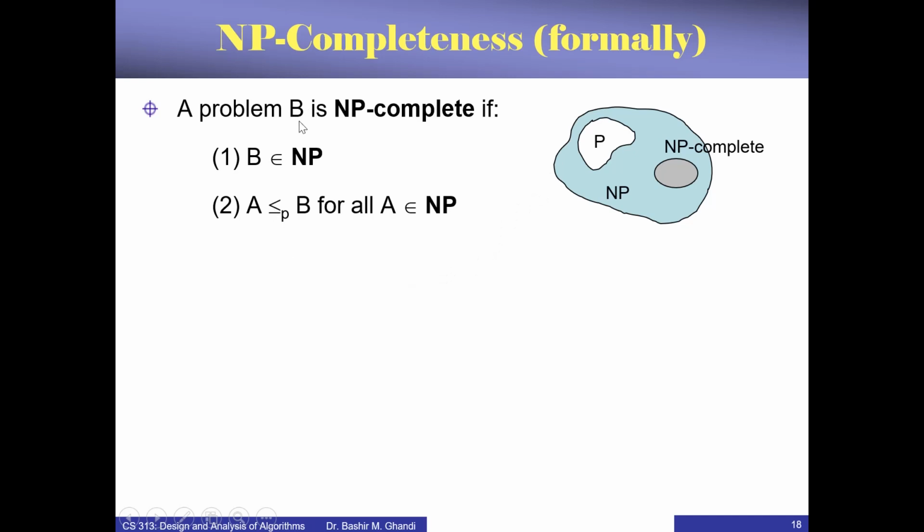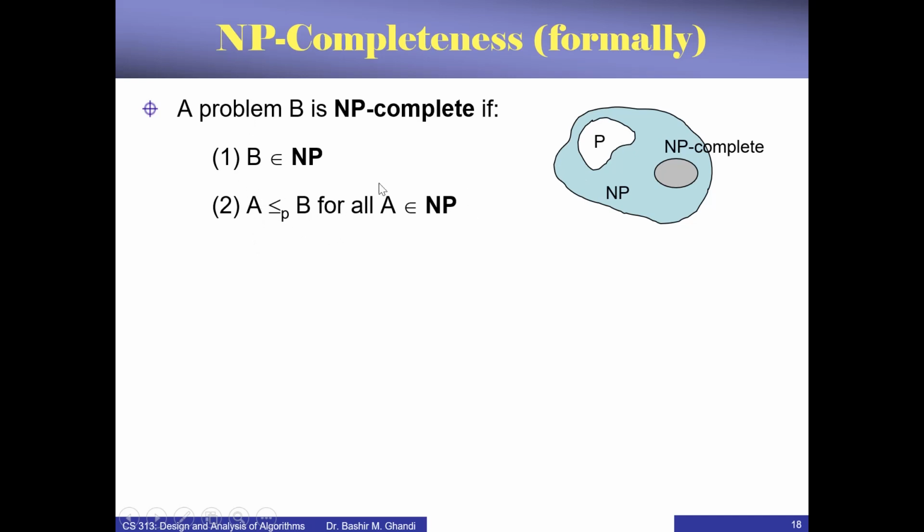A problem B is NP-complete if, 1, it belongs to NP, so it is in the set NP, and 2, all the problems in NP are polynomially reducible to that problem B. The common mistake is to think it is B that is less than a problem in NP.